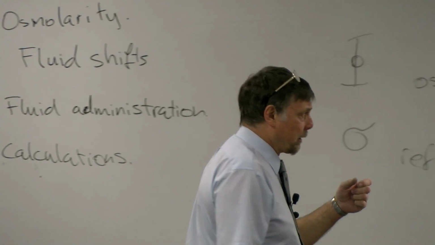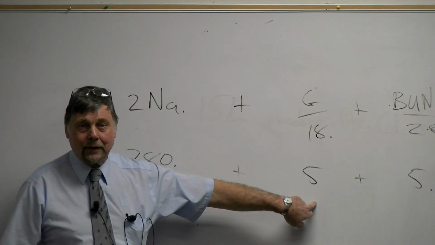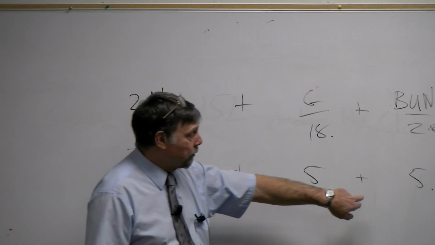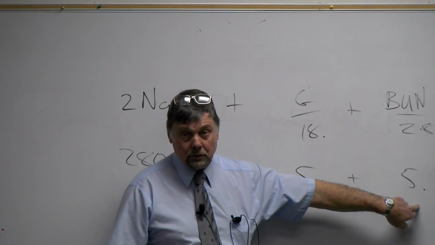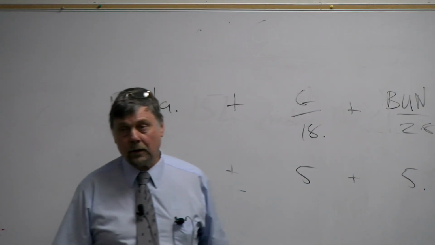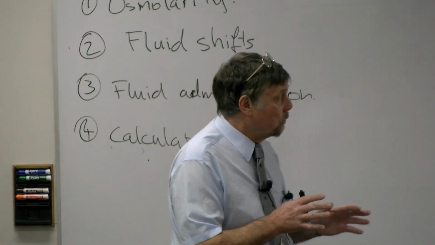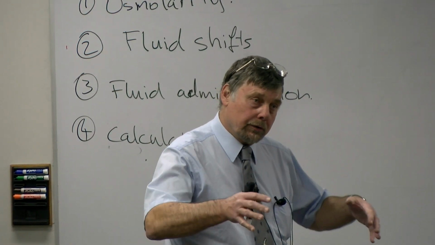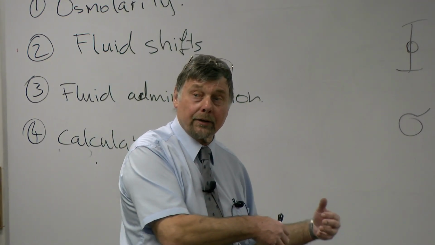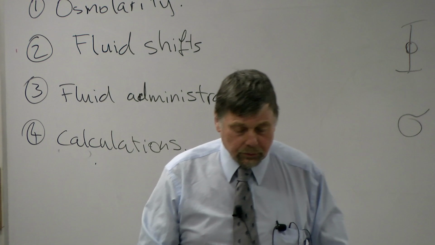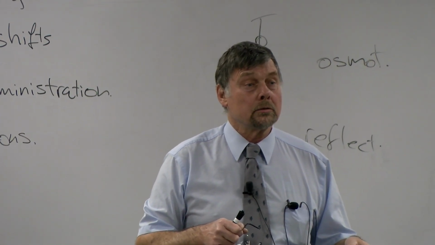There are an awful lot of sick people that don't have a glucose that's equal to 5. And there are an awful lot of sick people that don't have a BUN, blood urea nitrogen, that's equal to 5. So there are certain conditions where those values may go up and you can plug it into the osmolarity. And it's real osmolarity, so it's useful in that regard. Got it? Good.